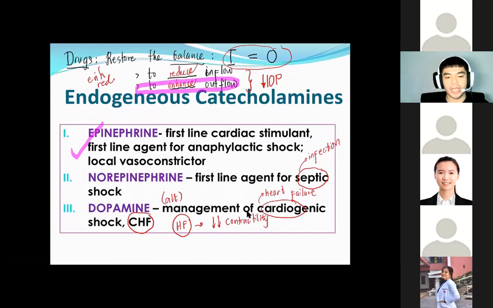So when we want to counteract heart failure, one of the goals is to enhance contraction, to strengthen the heartbeat. Dopamine can be used in these cases because it has a beta-1 effect, thus enhancing force of contraction, or inotropy. So these are the applications of the natural catecholamines: epinephrine, norepinephrine, and dopamine.